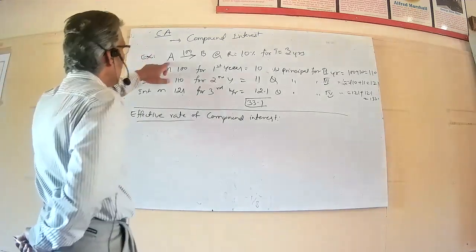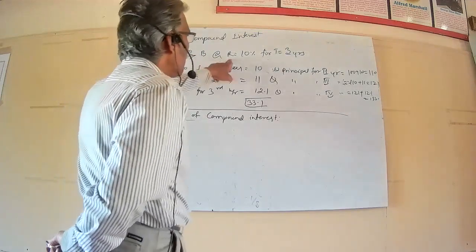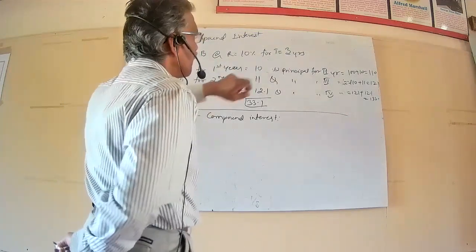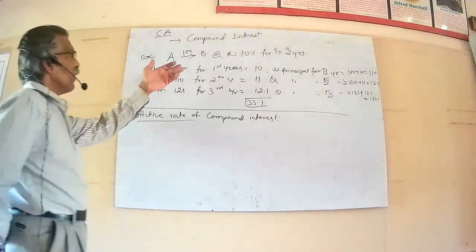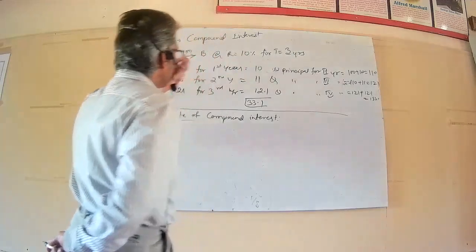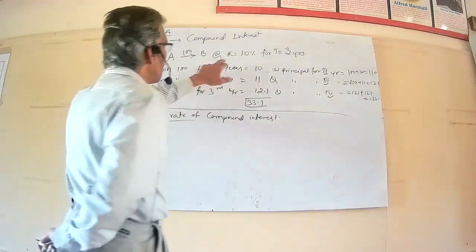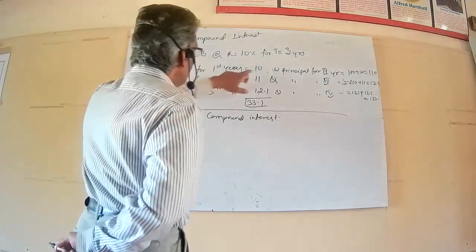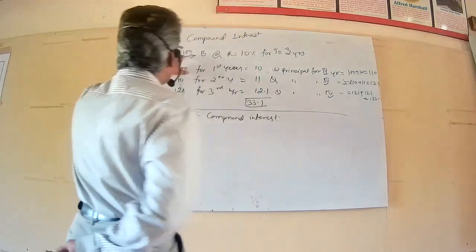Suppose A takes 100 rupees from B at the rate of interest, say 10% for 3 years. Now, for rupees 100 for 1 year, rupees 10. So interest on 100 for the first year at the rate of 10% means 10 rupees. This 10 rupees is added to 100.